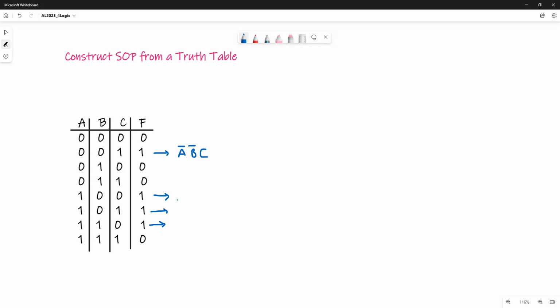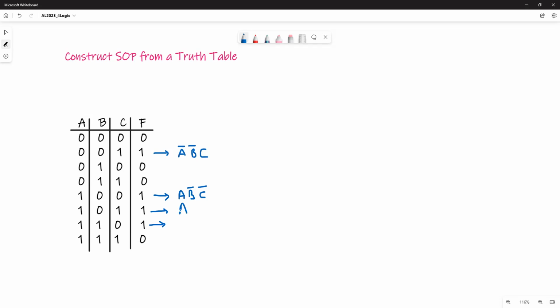So what term should we give for this second one? A, B bar, C bar. Yes, for this one we can have A, then B bar, and then C bar. Can you tell me the next one? Yeah.